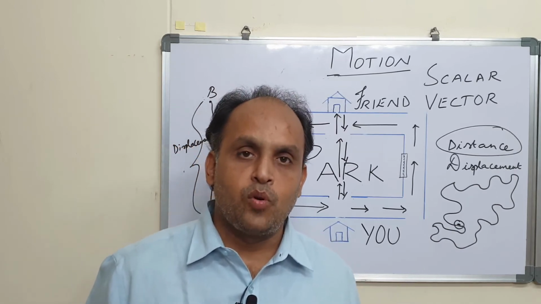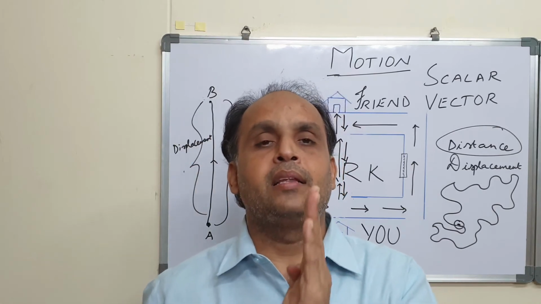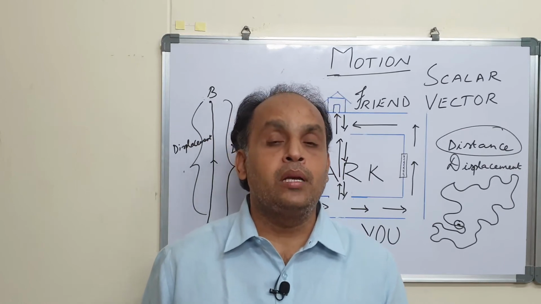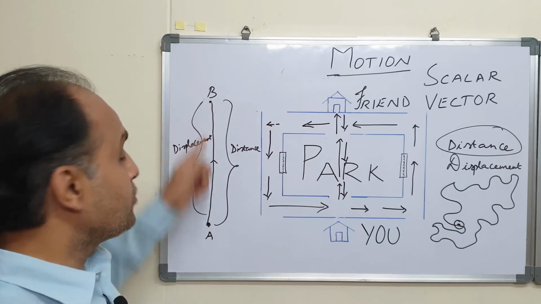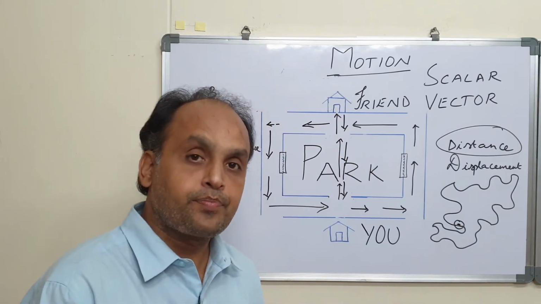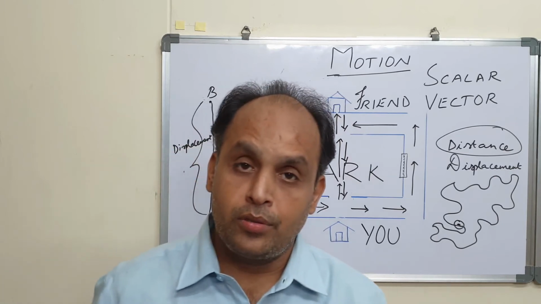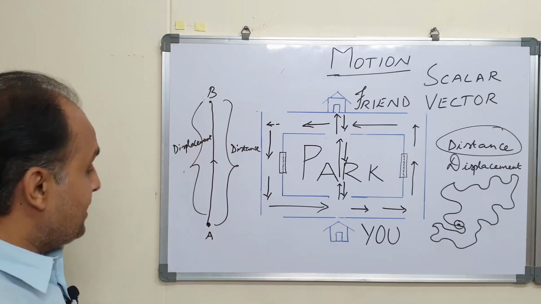When a body is moving from one point to another in a straight line, then the distance of the body and the displacement of the body are equal, which is nothing but the length of the line segment that you have drawn, joining those 2 points. Let us suppose the body moves from A to B in this manner.